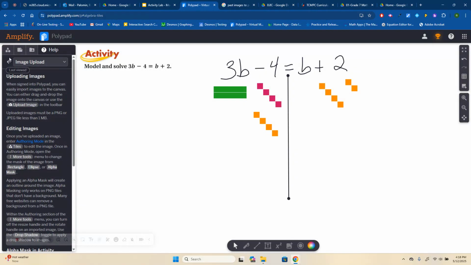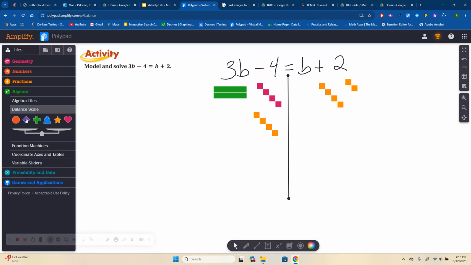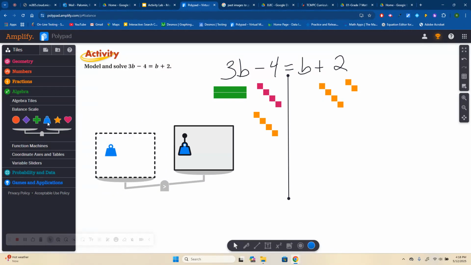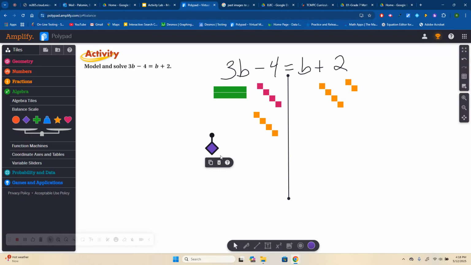I come back to that balance beam: if I have this weight here and this weight here, and I put 2 on this side, to keep it balanced I have to put 2 on the other side as well. So I put plus 4 here, I have to put the same plus 4 on this side. Now they're balanced out. These guys are opposites of each other, so they cancel out.